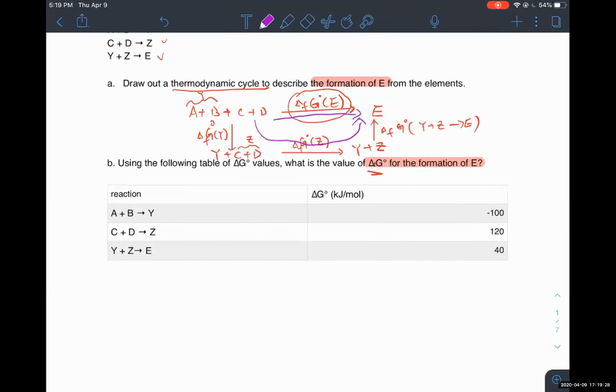We can see with this path, it's just the sum of the changing free energy of Y, plus the changing free energy of Z, and the changing free energy of E. So that would just be the sum of this.